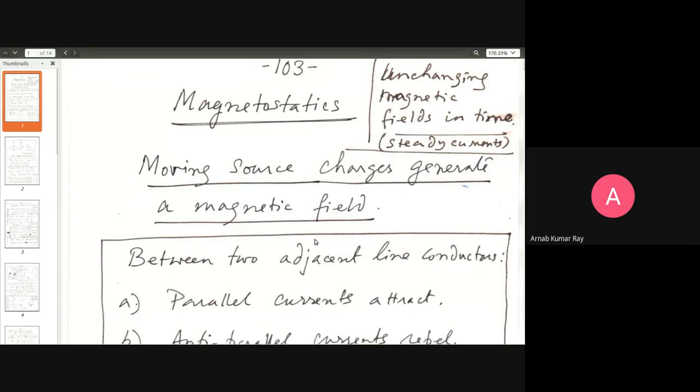Just like fixed electric charges give rise to a static electric field, electrostatics, so it is that a steady current will give rise to magnetostatics.